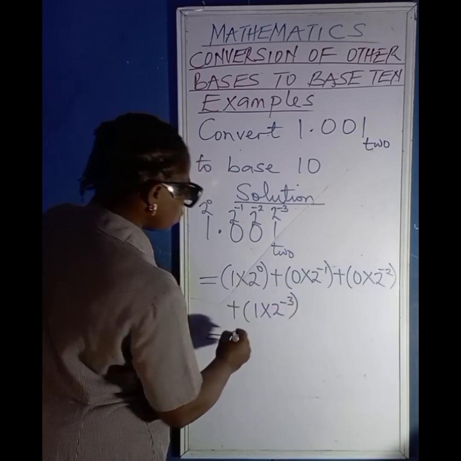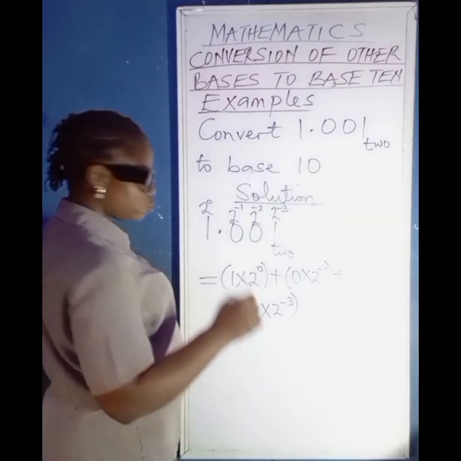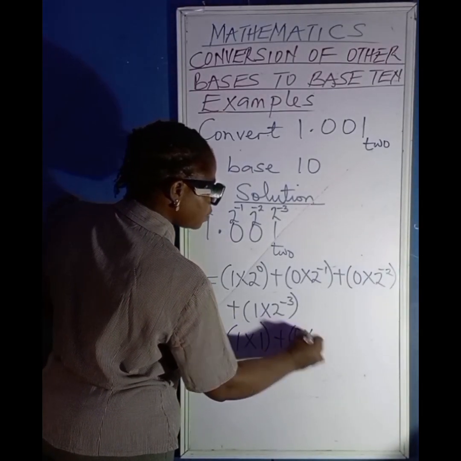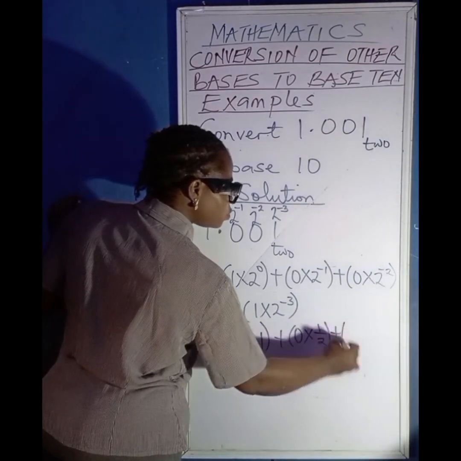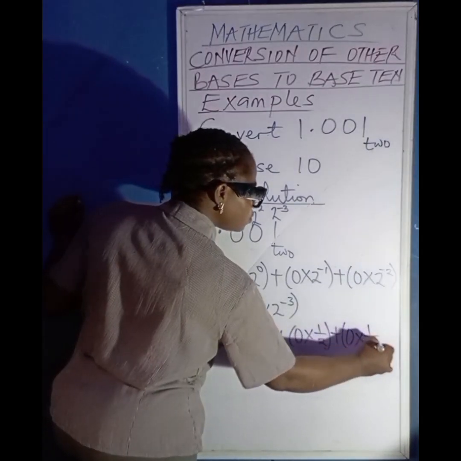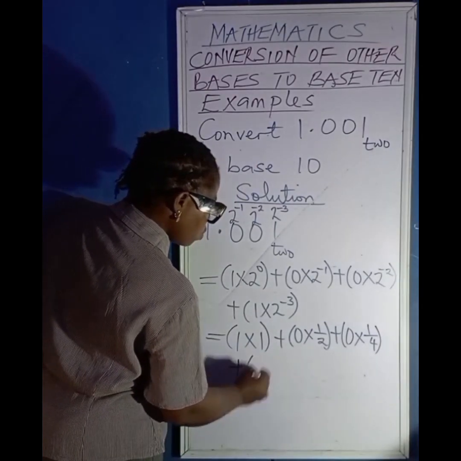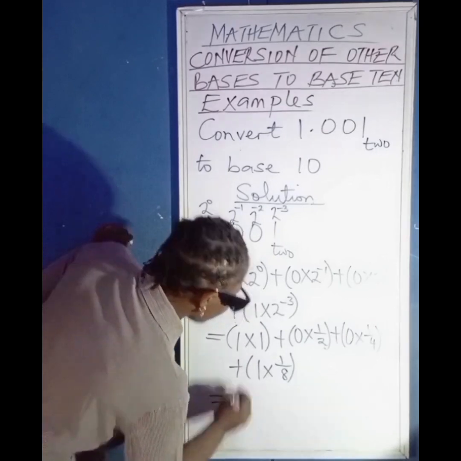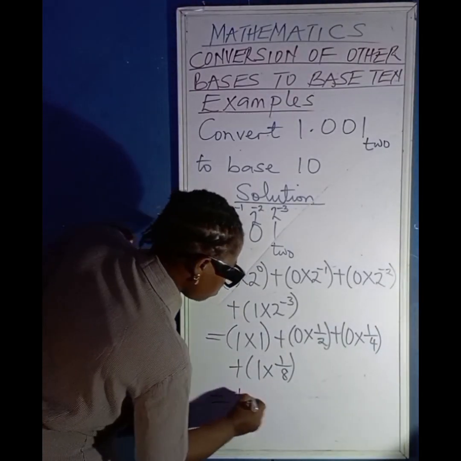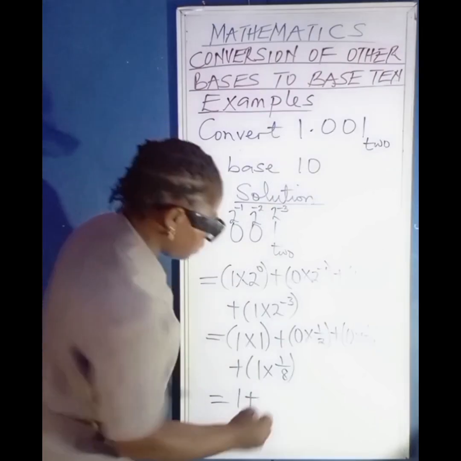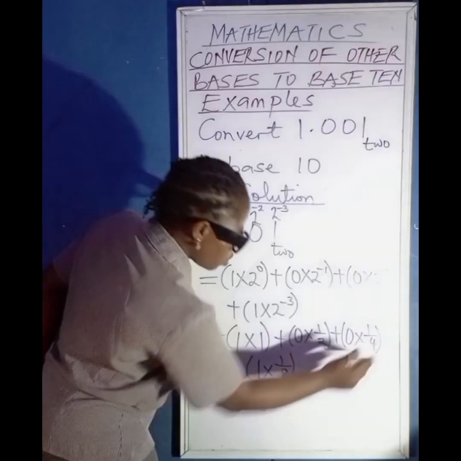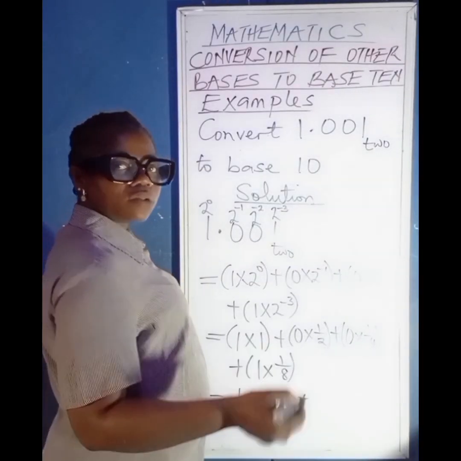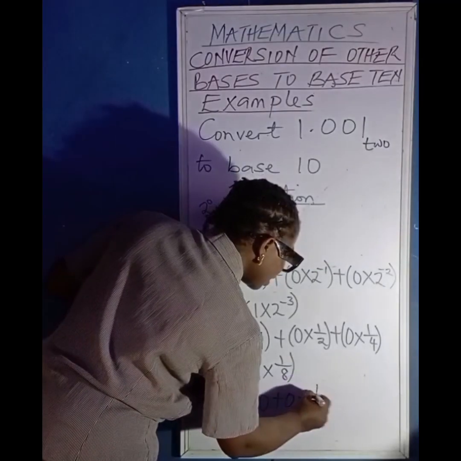This is equal to 1 times 1, plus 0 times half, plus 0 times a quarter, plus 1 times 1/8. That is, 1 times 1 is 1, plus 0 times half is 0, 0 times a quarter is 0, and 1 times 1/8 is 1/8.